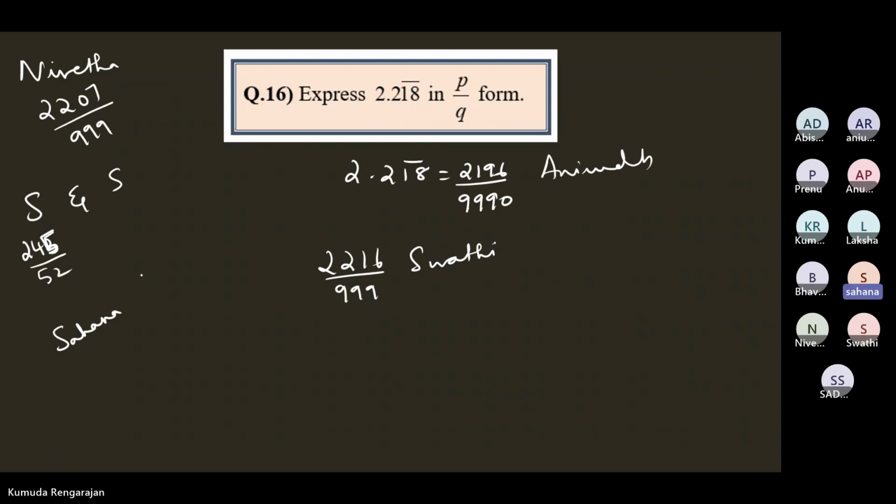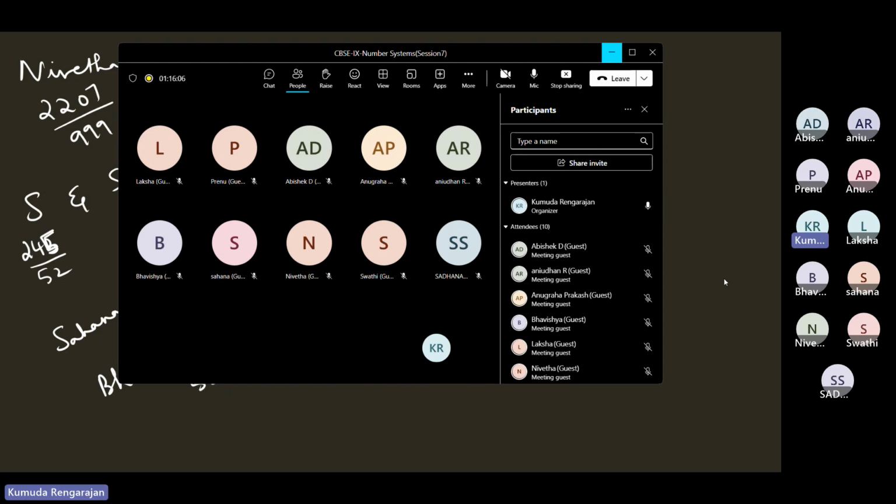Ma'am, 1997 by 900. Bhavishya? I'm 122 by 55. Anugraha?